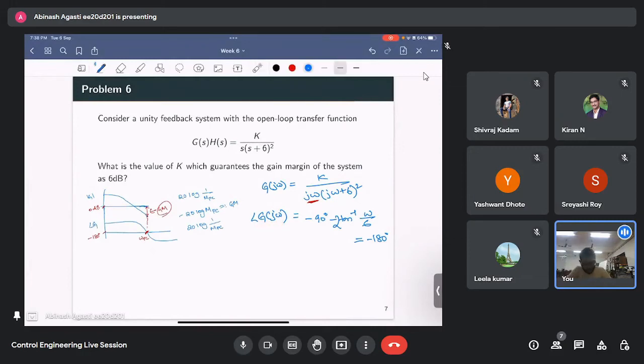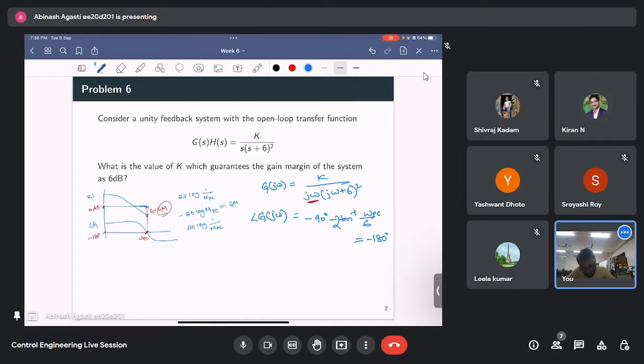So we can simply equate it to minus 180 degrees, and this will be the phase crossover frequency. So someone help me solve this. 6 radians per second.